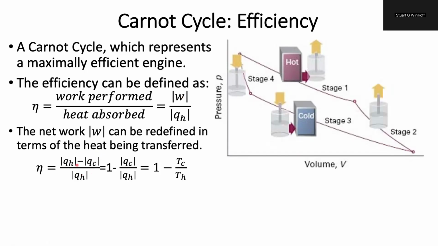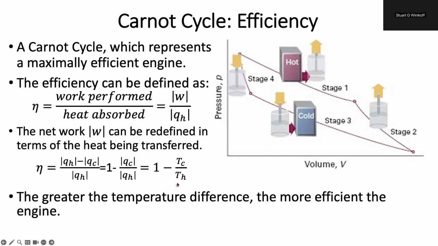And when we do this, we have the heat going in over the heat going in, minus the heat going out over the heat going in. And we can rewrite this as 1 minus that ratio of heats. But hey, we just said that that ratio of heats is going to be the same as the ratio of temperatures. That means I can evaluate the maximum efficiency of any heat engine as simply being 1 minus that ratio of temps.